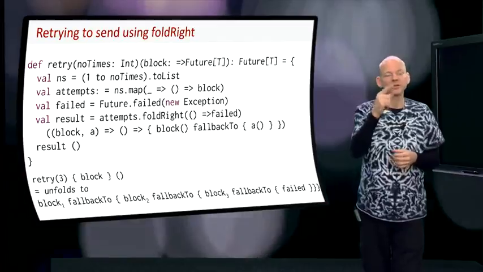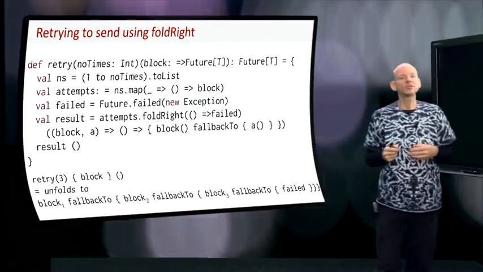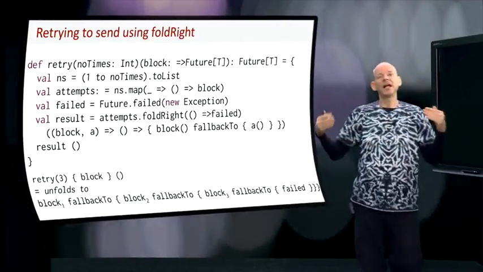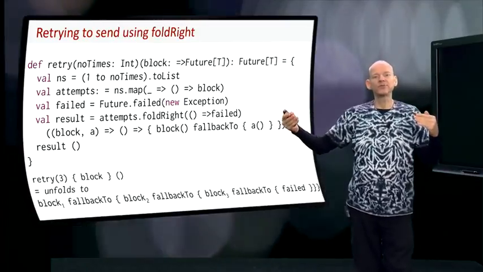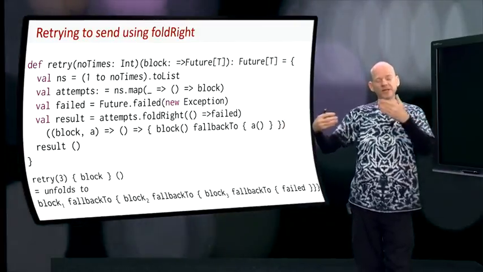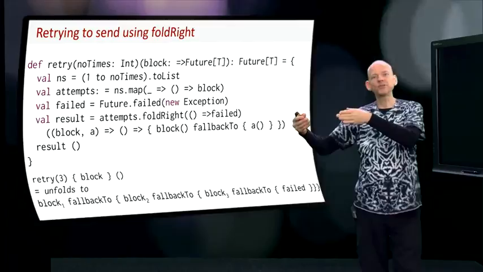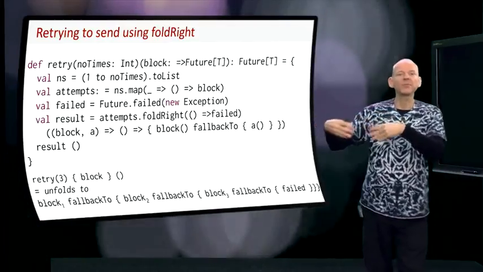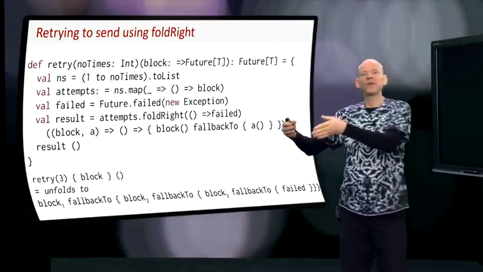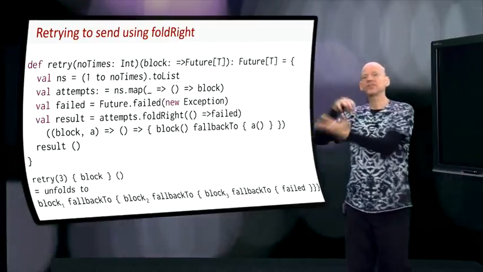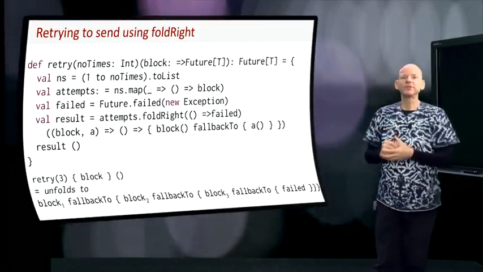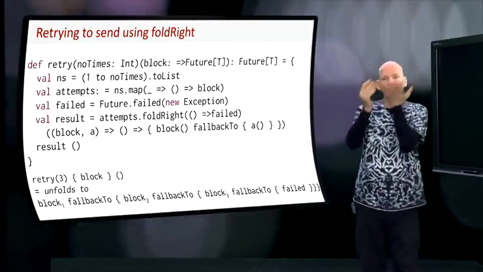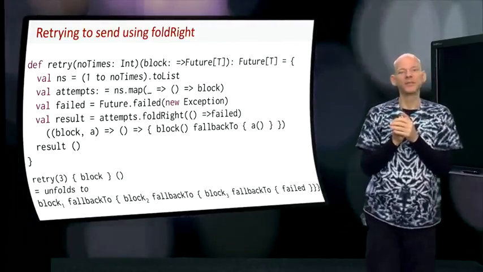The combination function now takes a block on the left and a function that returns a future on the right, and we have to return a function that returns a future. We do that by calling the block and then falling back to the accumulated function. Here you see that everything is reversed, and when you unfold this, you will see the result.